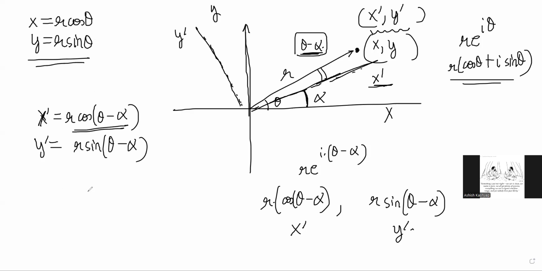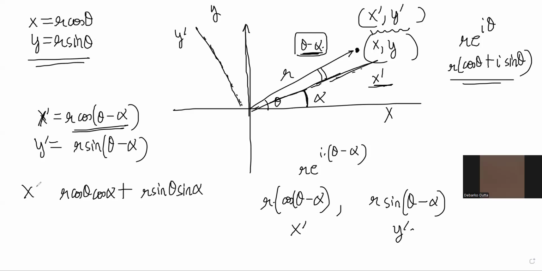You expand this by trigonometry: r cos theta cos alpha plus r sin theta sin alpha, right? Yes. So x dash is equal to this. So that is obviously x cos alpha plus y sin alpha.